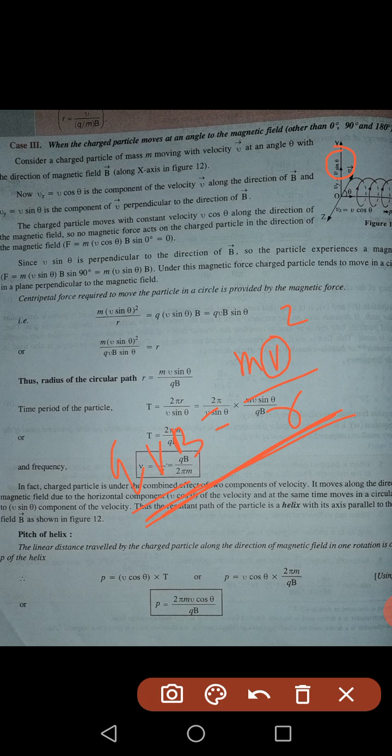So qvB becomes qv sin theta B, and mv square by r becomes m(v sin theta) square by r. If you do the calculation, the expression for radius comes out like this. In the previous case it was mv by qB. Anyway, this one is for r.